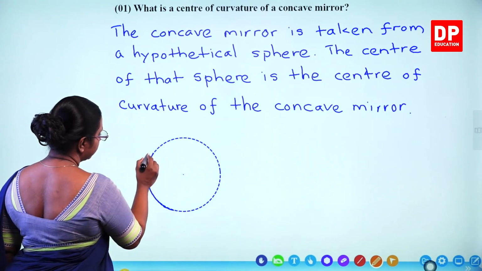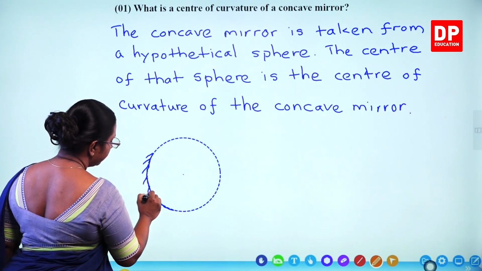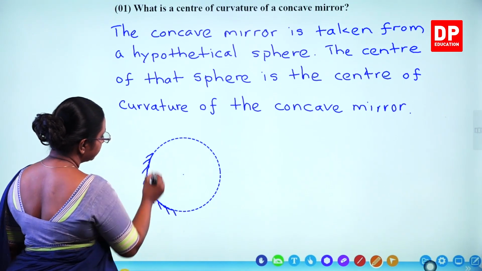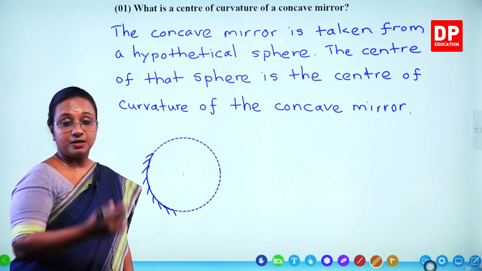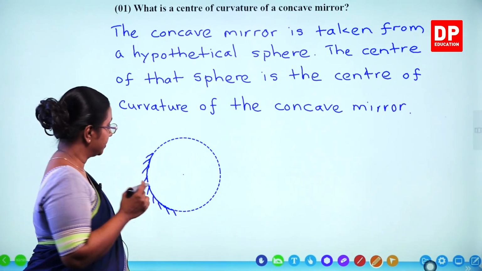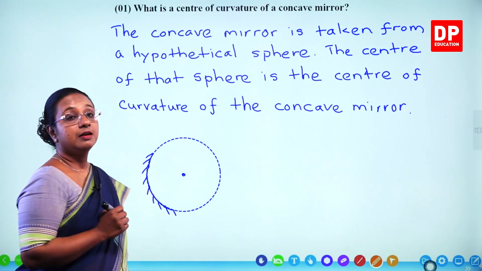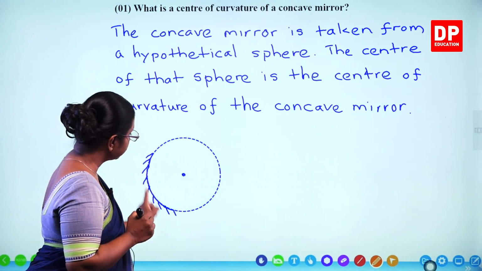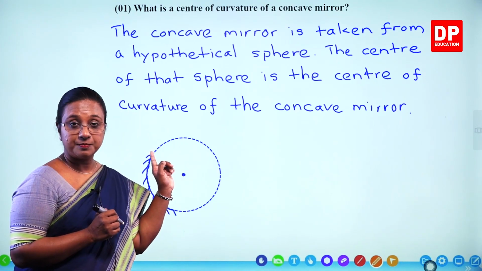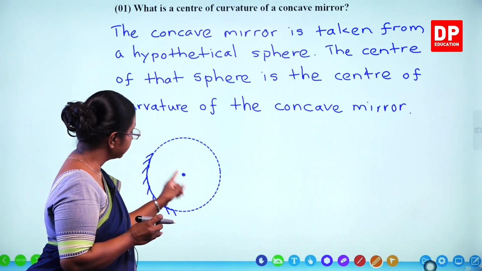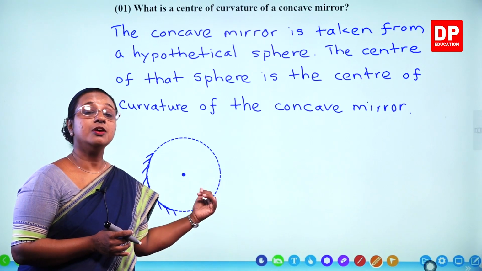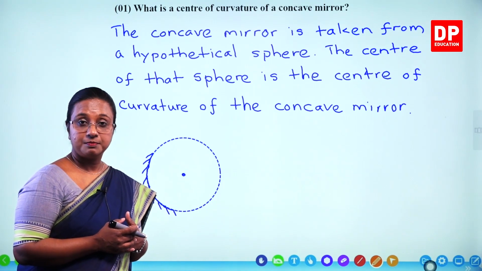So if we take this as the concave mirror, the reflective surface is inside, or it curved inwards, and this is the center of this hypothetical sphere, and that is the center of curvature of this mirror.